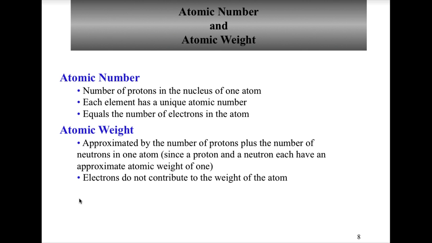Each element has a unique atomic number, and if the element is not chemically combining with some other element or itself, you could say it equals the number of electrons as well in that particular atom. The atomic weight is approximated by the number of protons plus the number of neutrons in one atom. Since a proton and a neutron each have an approximate weight of 1, that is how we calculate the atomic weight.